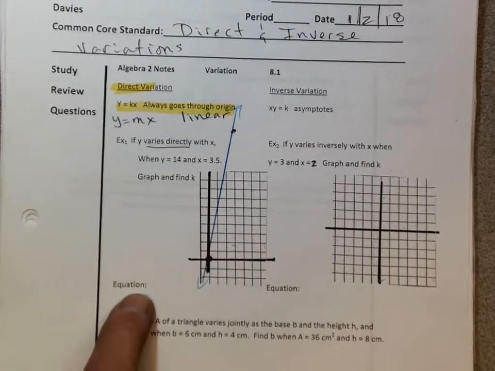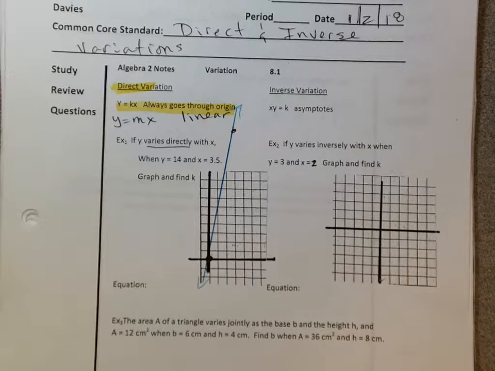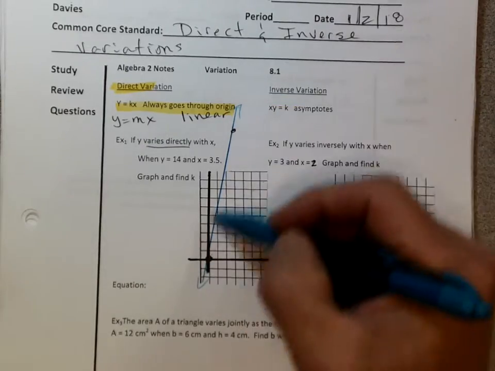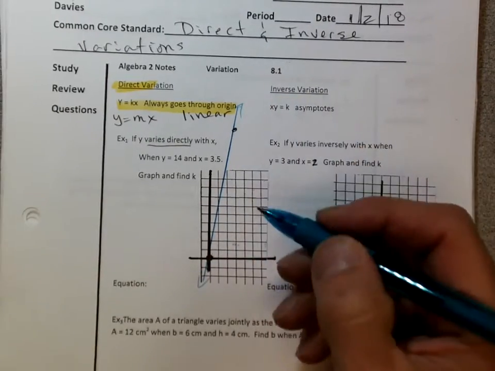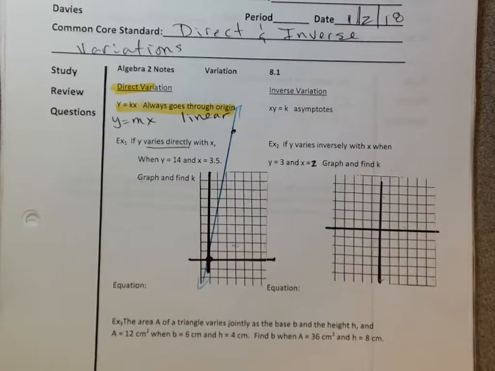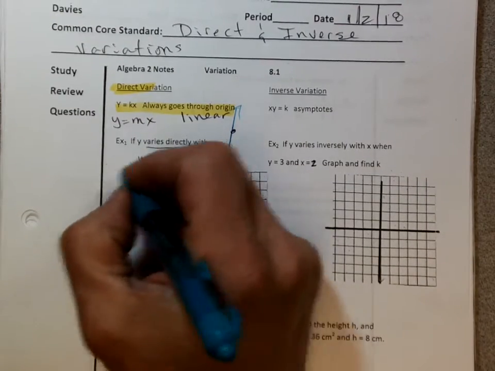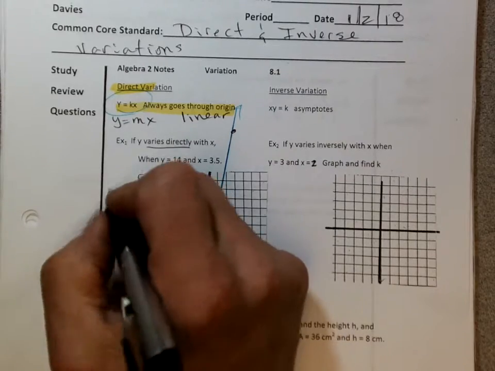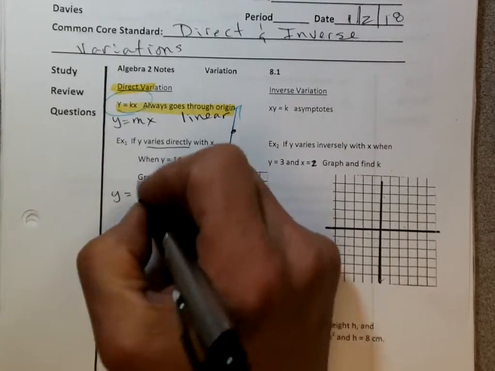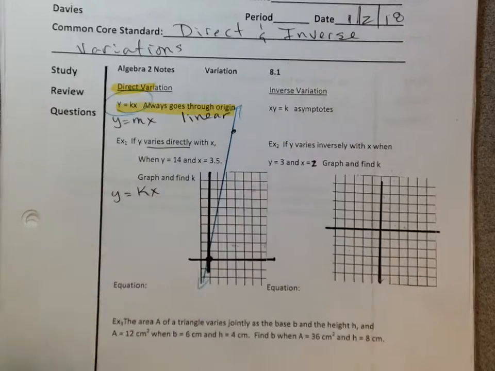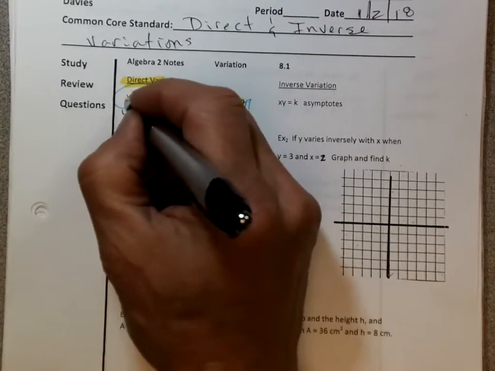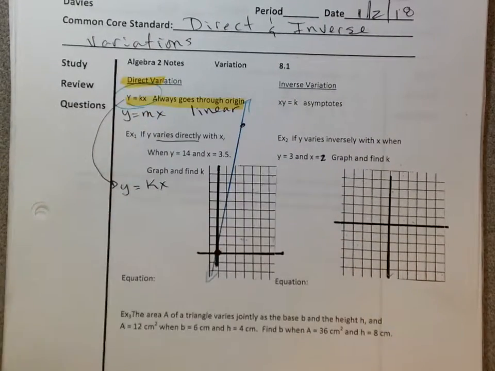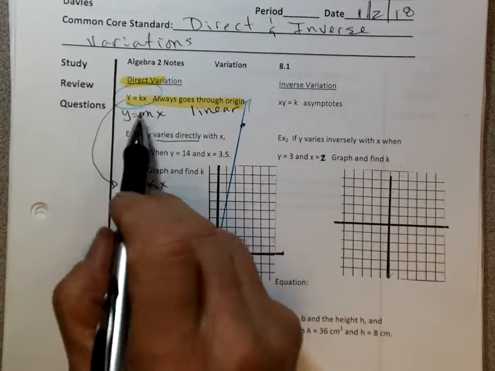So then, if I need an equation to this, what I probably would want to do is find out what the slope is. I actually do have a formula, because the formula was given to us as y equals kx. That's our little equation, so I'm going to use that, because we know that it's a direct variation.